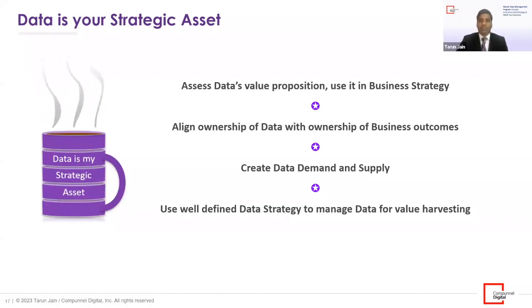So once you have a well-defined data demand and supply, you can use it to define your data strategy and manage your value harvesting from the data. And it's very important, as you would see data advocates always trying to establish the value of the data so that the right resources can be assigned and allocated for data management practices.